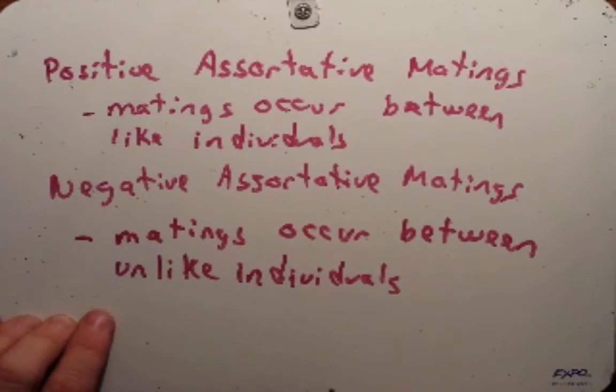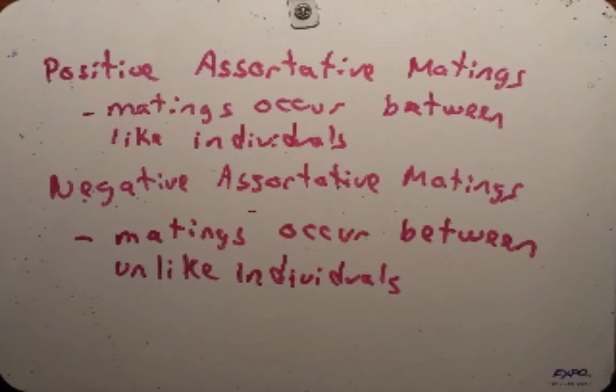For instance, maybe here you have a taller breed of ram mating with a taller breed of ram, and maybe over here it's a taller mating with a shorter. Something like that. Sometimes within a population you may have examples of both of these. Maybe with one trait the matings show a positive assortative pattern, whereas in other traits within that population it's negative.